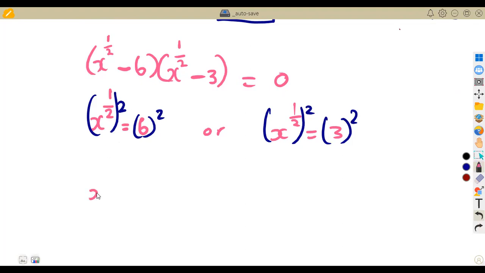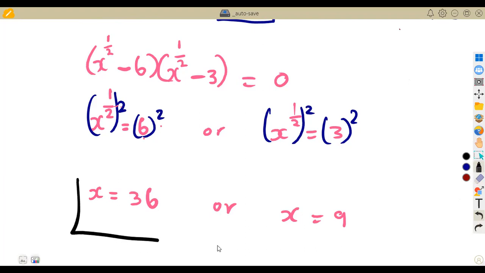That's going to mean we've got x to the exponent of a 1 if we multiply here, which is the same as x. 6 to the exponent of a 2, that's 6 times 6, which is 36. Or here, we're going to multiply a half and a 2, just like the previous case, guys. This part, you're going to get a 1. So that's x, which is 3 to the exponent of a 2. That's 3 times 3, which is a 9.